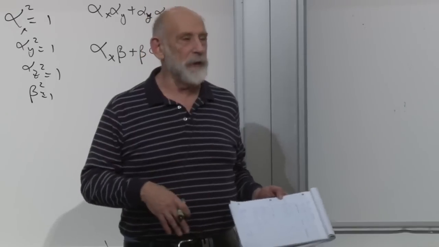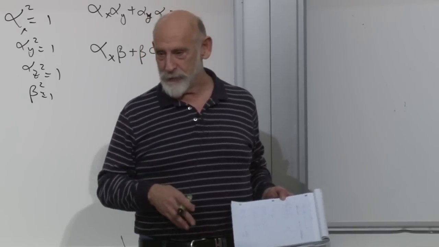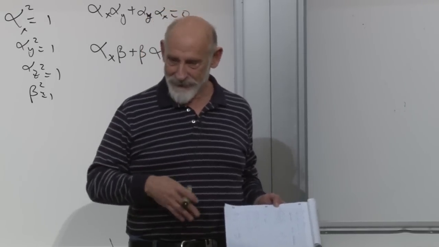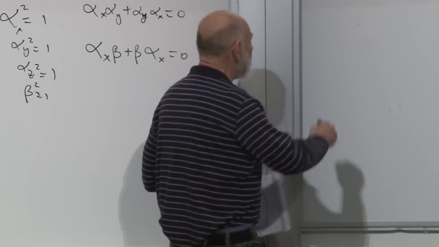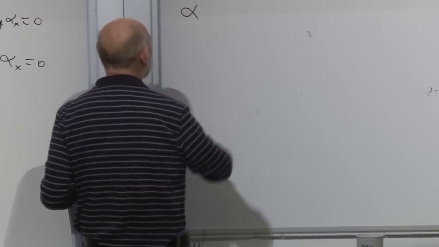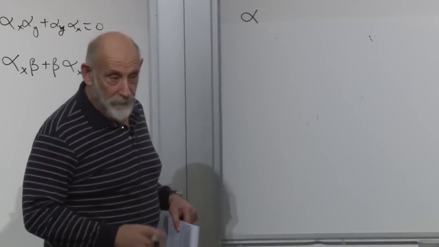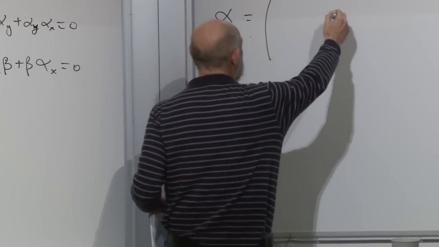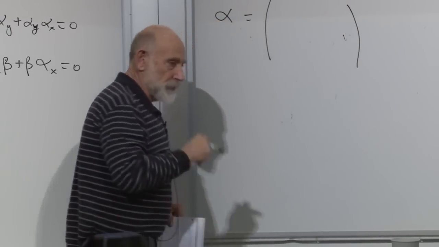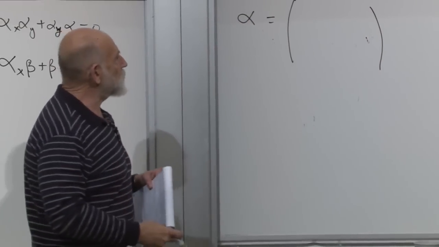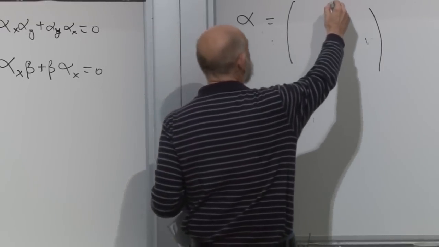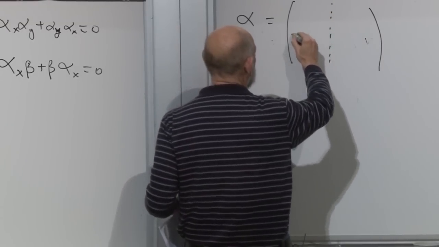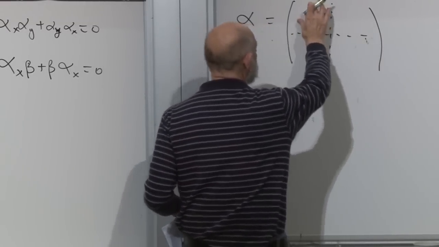This one is called the Pauli representation of the Dirac matrices. All right, here it is. Alpha, the three of them, alpha x, alpha y, and alpha z. I'll explain this notation in a minute. These are 4x4 matrices, but they consist of blocks, 2x2 blocks. In each block, there's a 2x2 matrix.